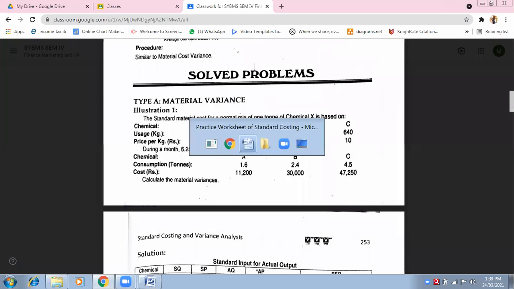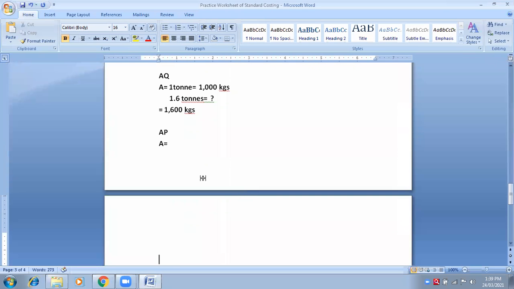The total is given. So if I make it for A, this is 11,200 rupees for 1,600 kgs. But I don't want it for 1,600 kgs, I want it for 1 kg. So how much would it be for 1 kg? Simple, cross multiply.